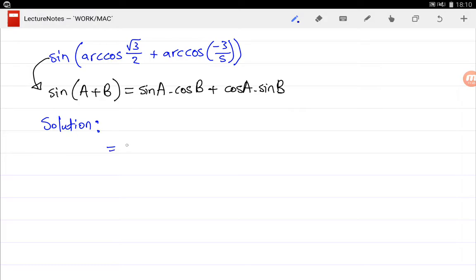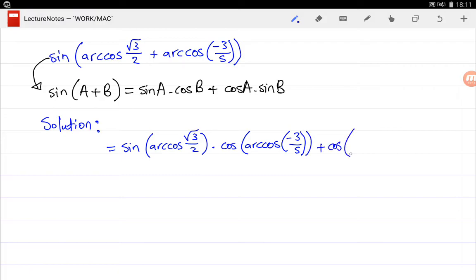We get sine of A, which is arc cos of root 3 over 2, and cos of B, which is arc cos of minus 3 over 5, and cos of arc cos.